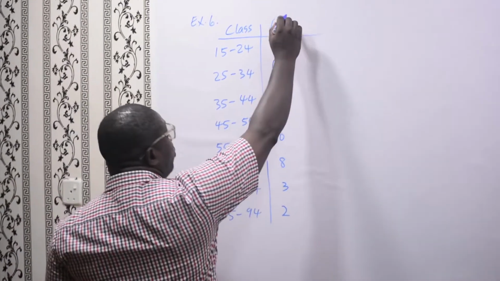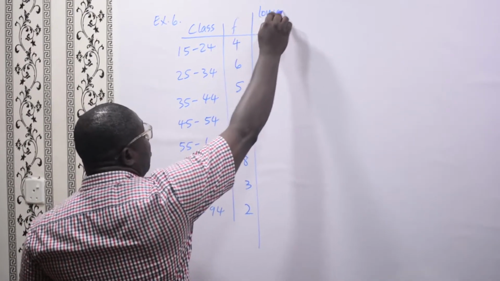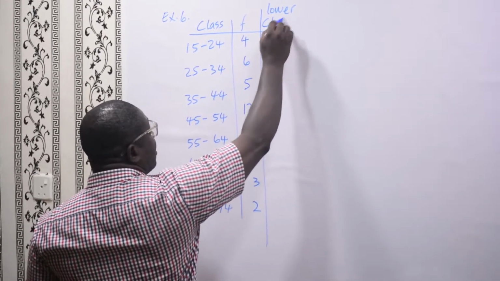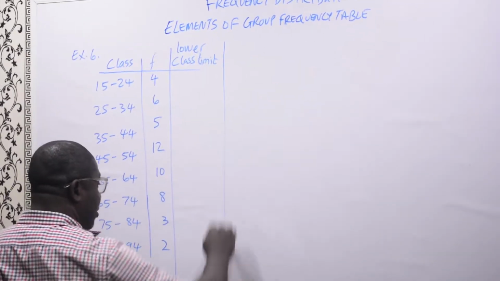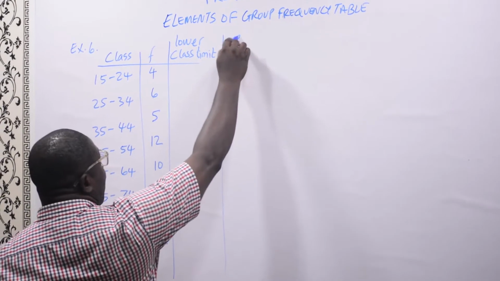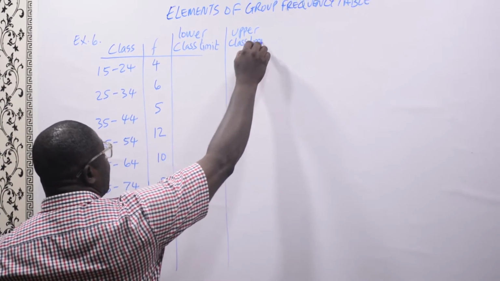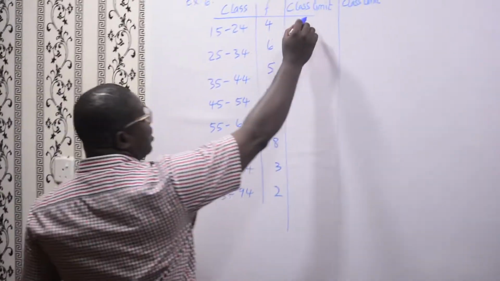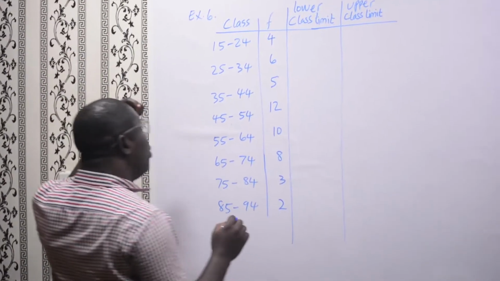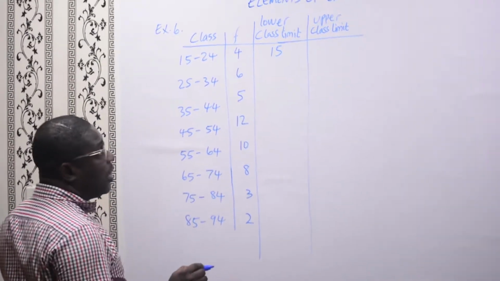We have what we call the lower class limit. Label this lower class limits, and then we also have the upper class limits.